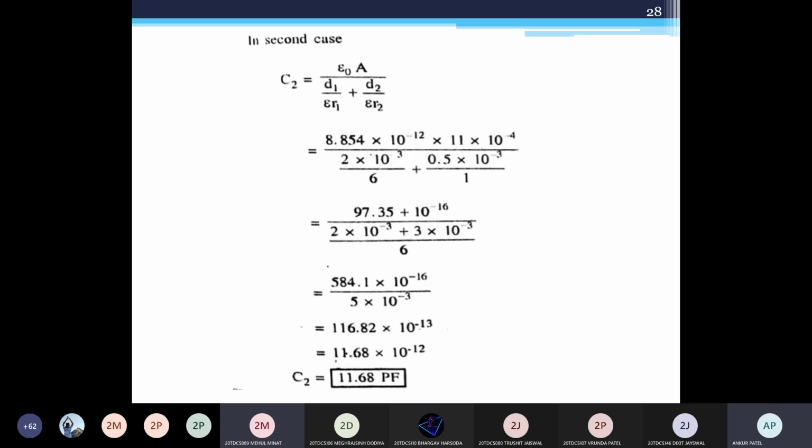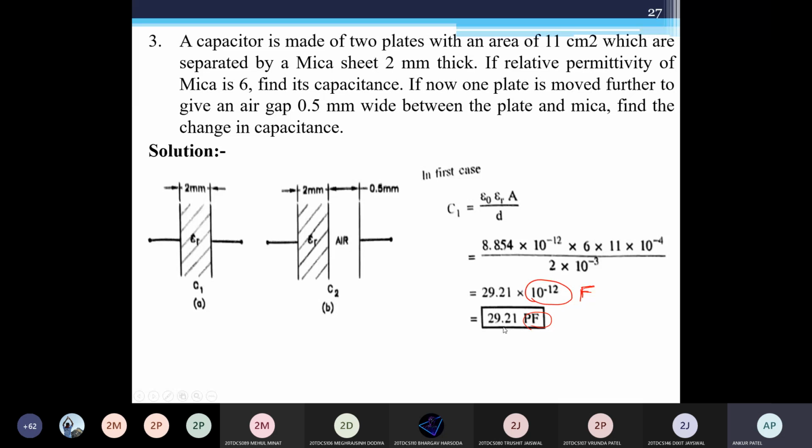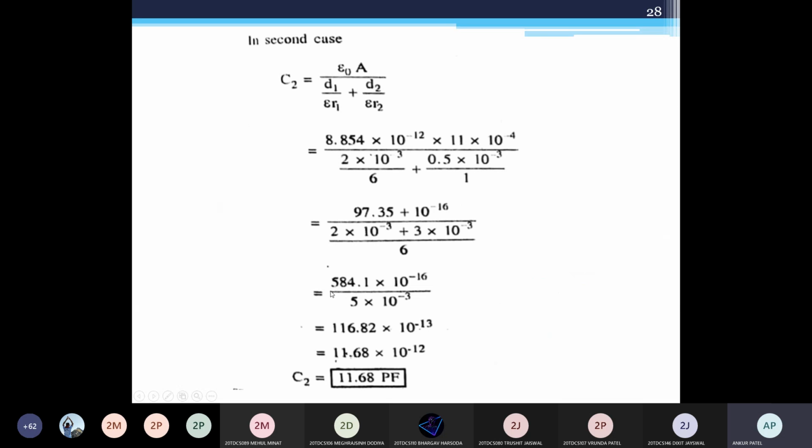Yes, sir. Okay. So we have 29.29 picofarad for uniform. When we add the air gap along with this mica, then the capacitance is 11.68 picofarad. So this is the capacitance for the different cases of the dielectric medium.